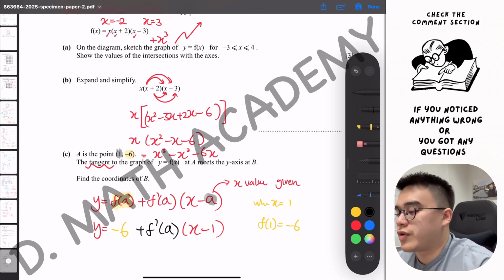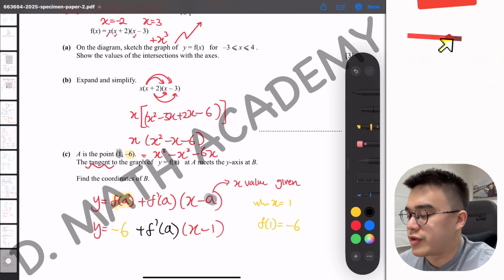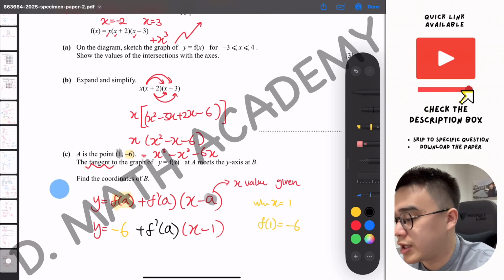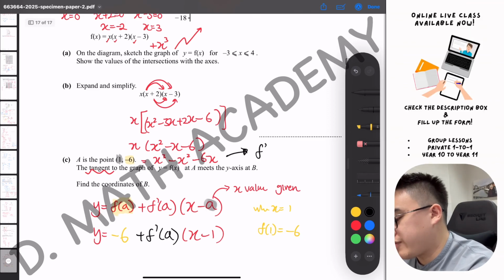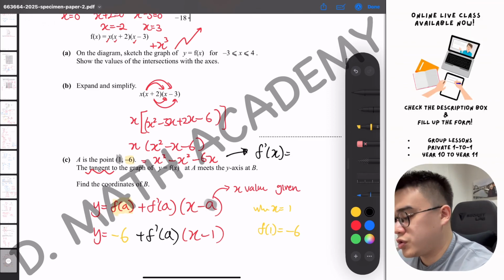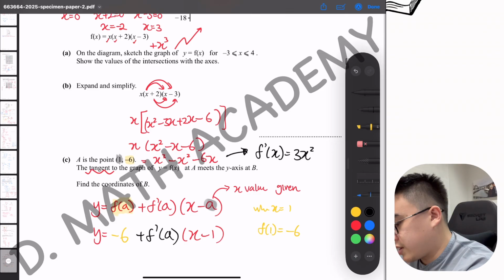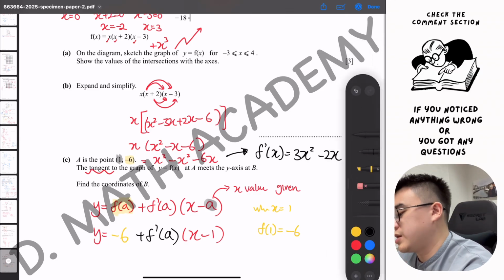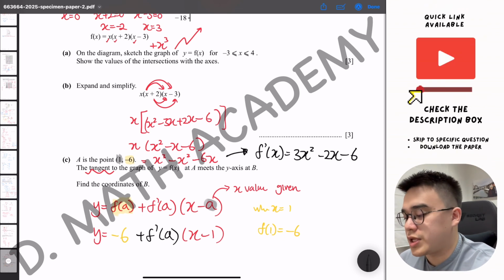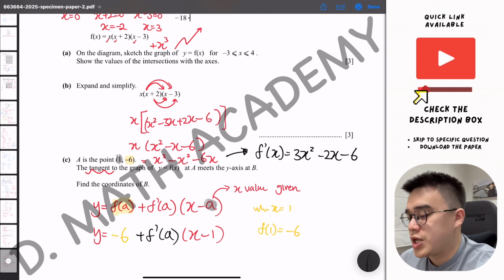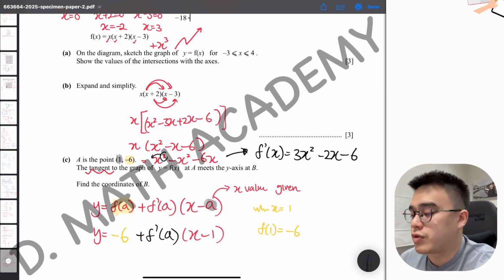okay, this comes from you making the effort to differentiate the equation that we have earlier, that we expanded here. Okay, so f prime x equals to 3x squared minus 2x minus 6. For those who don't know what's happening, please take note that differentiation means you're taking out the power, transfer it to the front.